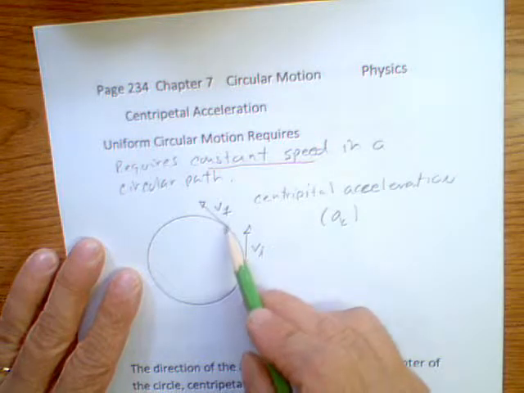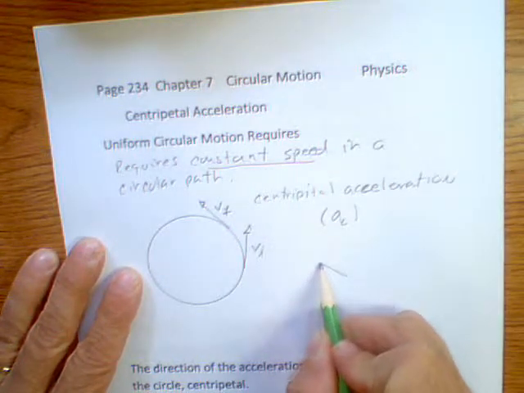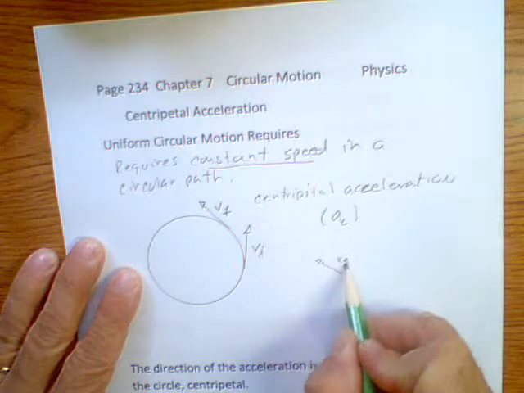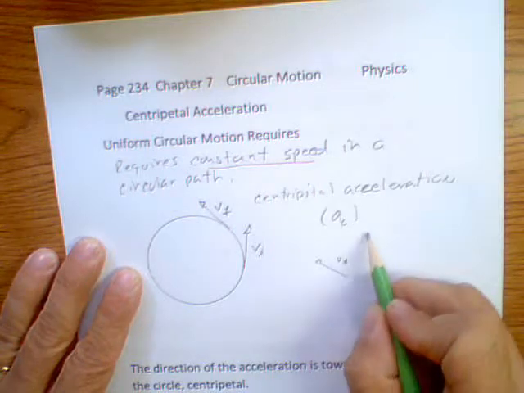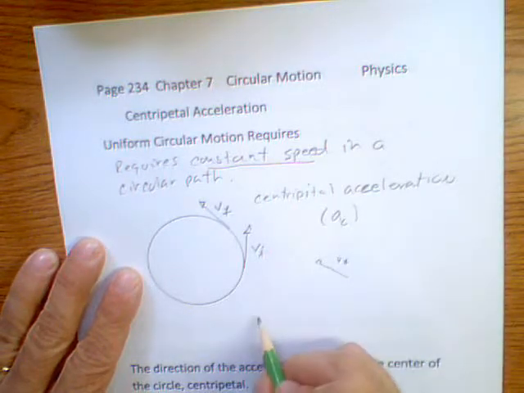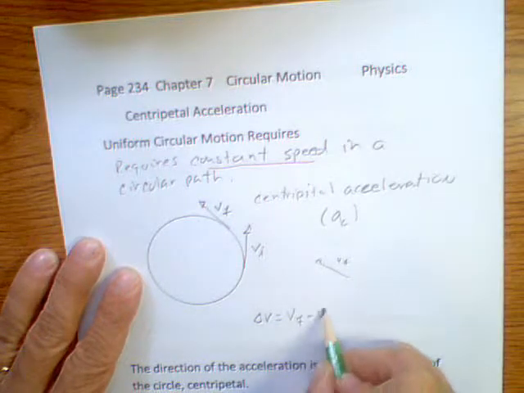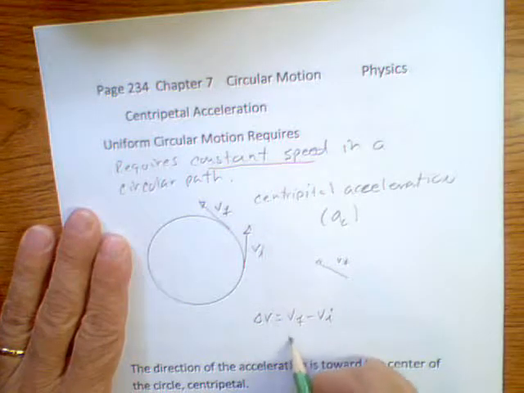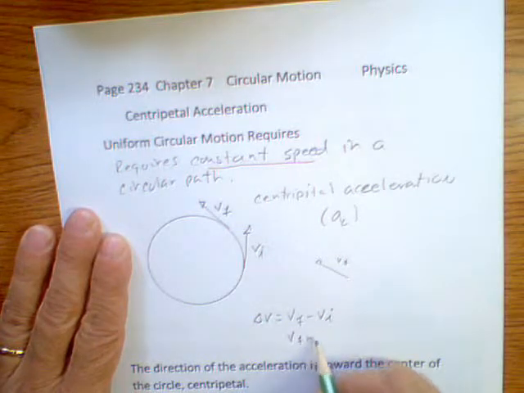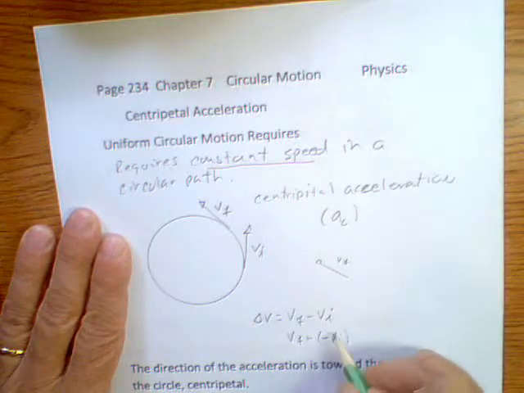But if I just draw this velocity final vector again right here, I go back to what I said a minute ago, that the change in velocity is velocity final minus velocity initial, and I took the velocity final plus the negative of velocity initial, which is the exact same thing.